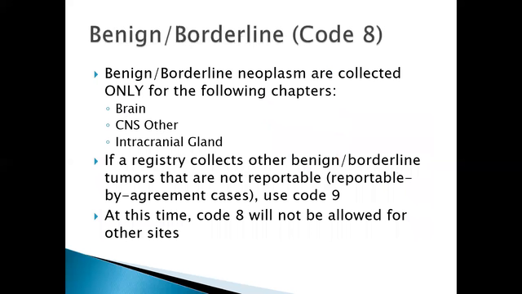So as stated earlier, for benign and borderline neoplasms that are reportable, we use code 8. However, this is only for brain, CNS other, and intracranial gland neoplasm chapters only. If a cancer registry collects other benign and or borderline tumors or neoplasms that are not reportable, those cases, remember we talked about them last semester, they're called reportable by agreement.